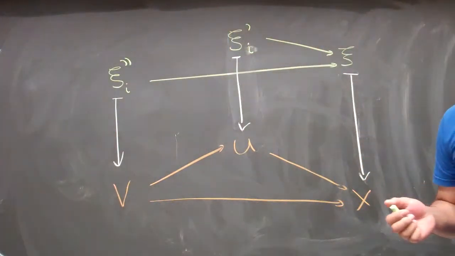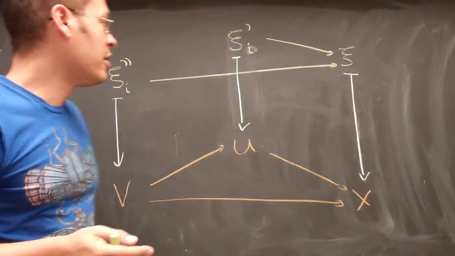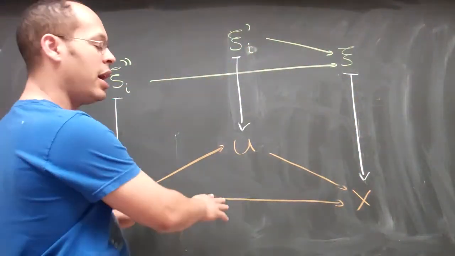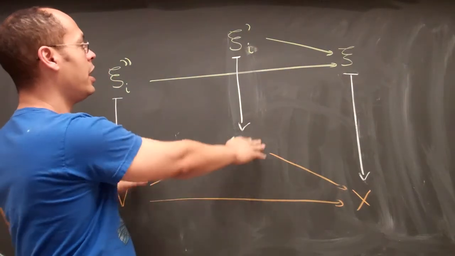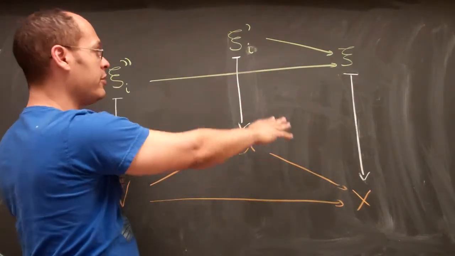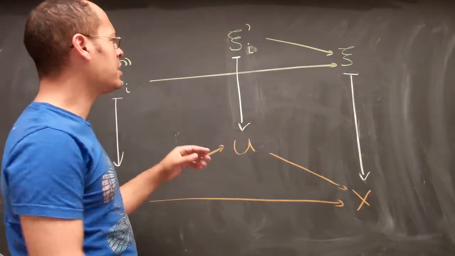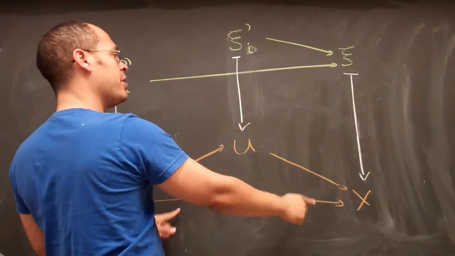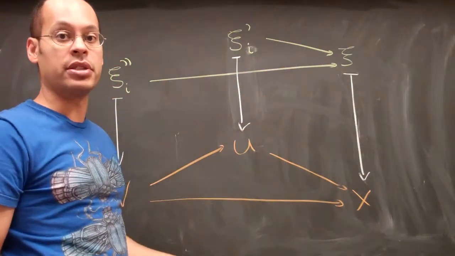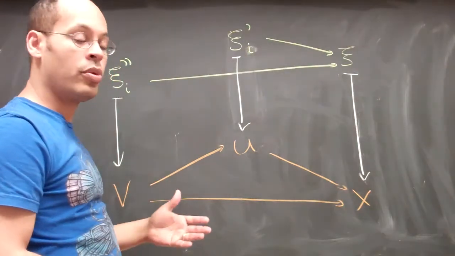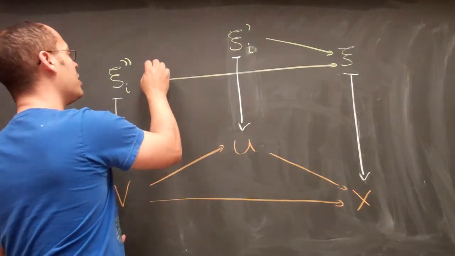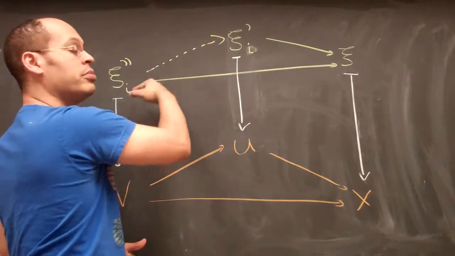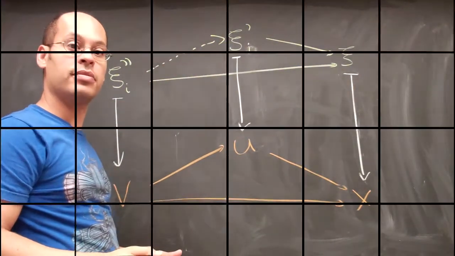To make it clear what's going on, let's isolate this part of the diagram and notice that if we have a commutative diagram downstairs in the category C, and objects in F lying above them, such that the arrows lying above these ones are Cartesian, like we have in our definition, then one of the axioms of the fibered category is exactly that there should be a unique Cartesian arrow between these two objects.